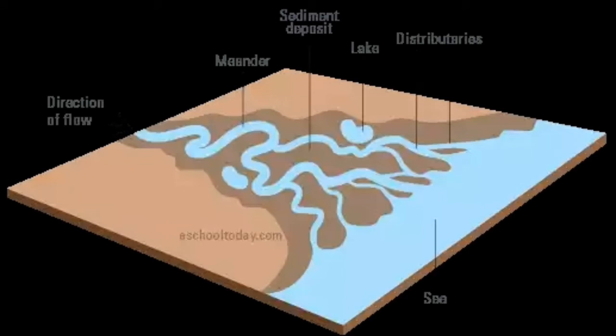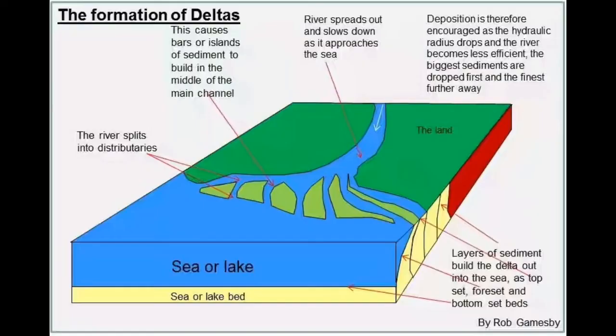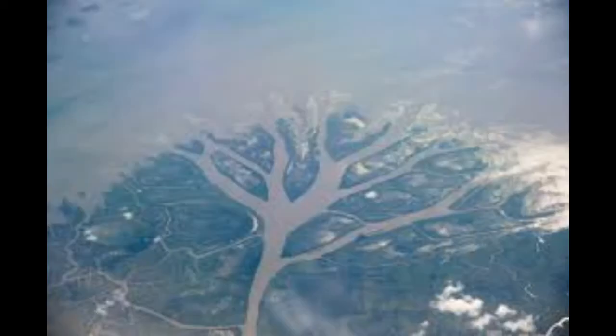Deltaic plains. The plains which are formed by the deposition of rivers in their deltaic regions are called deltaic plains. It is formed when a river enters the sea. It becomes very slow and deposits all the loads on its path. Such a deposit builds up a triangular shaped island called delta on the mouth of river.